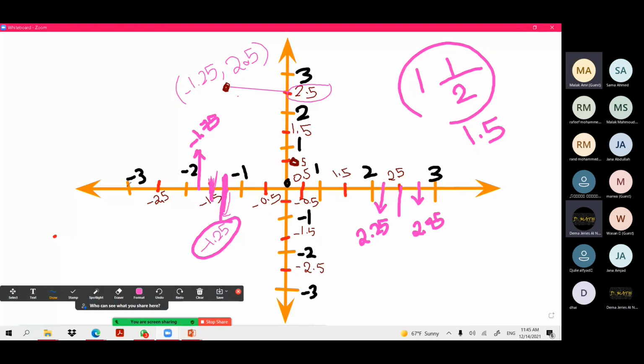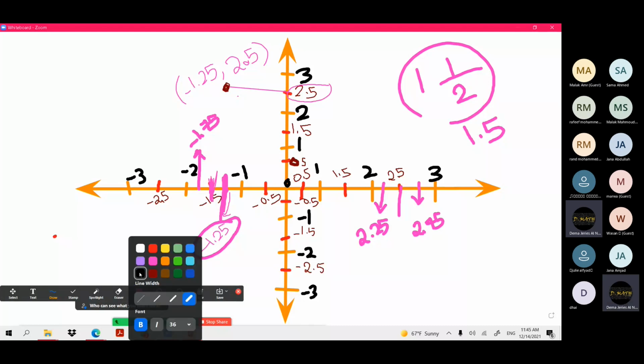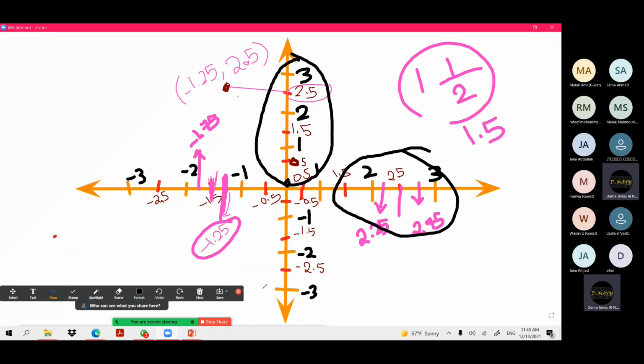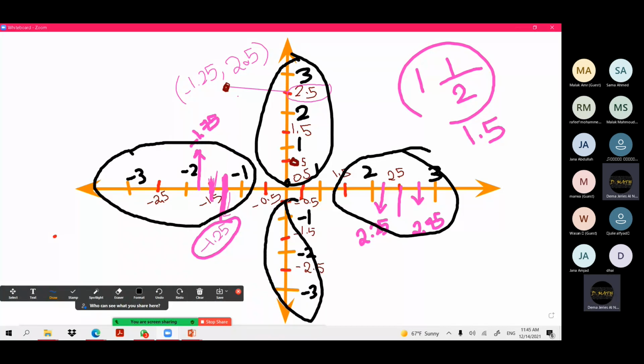Up on the left or down on the left? Look, up is positive, and to the right is positive. But the negative is to the left and down. Oh, okay.